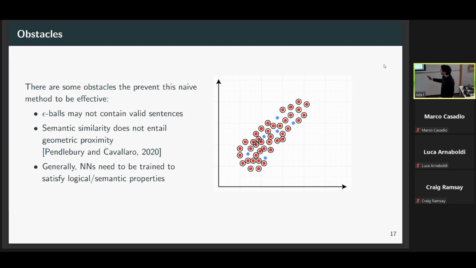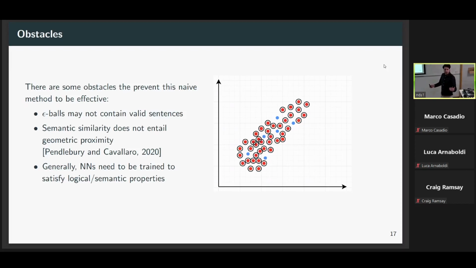Epsilon balls. So you see this image. The red dots are from the input from the training set, so what we know. The blue dots are input that might be from the test set or even somewhere else, but we don't know them. The circles are epsilon balls, and of course this is an example, but it's kind of true. Epsilon balls mostly don't contain any meaningful sentence.